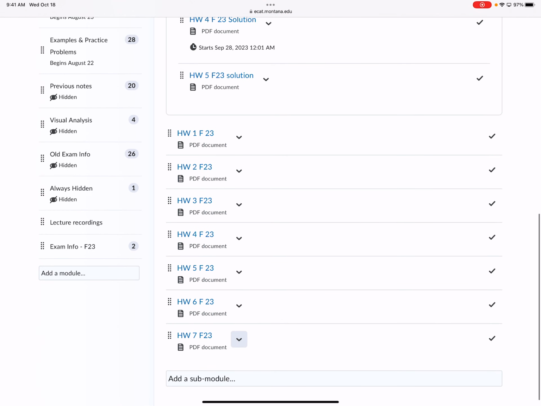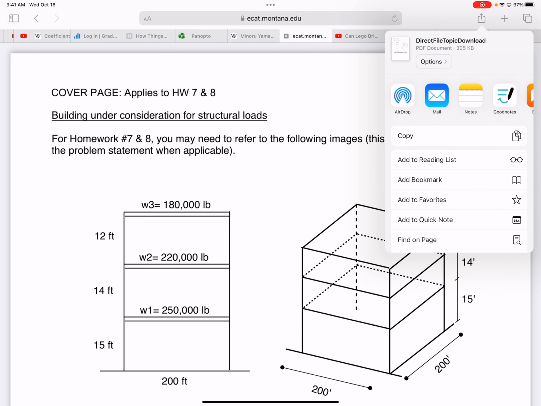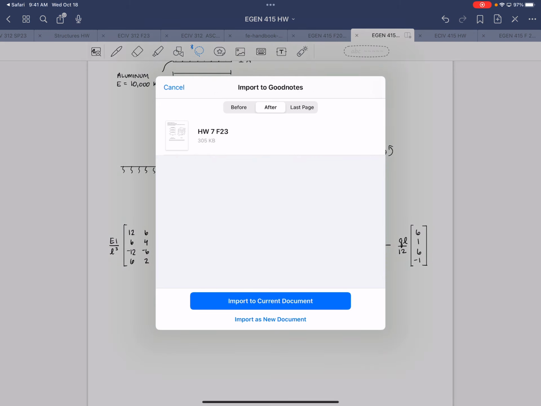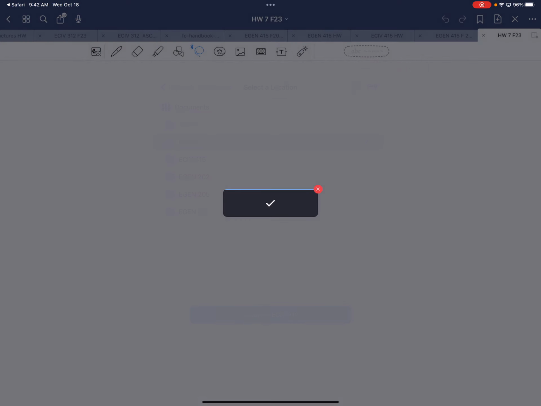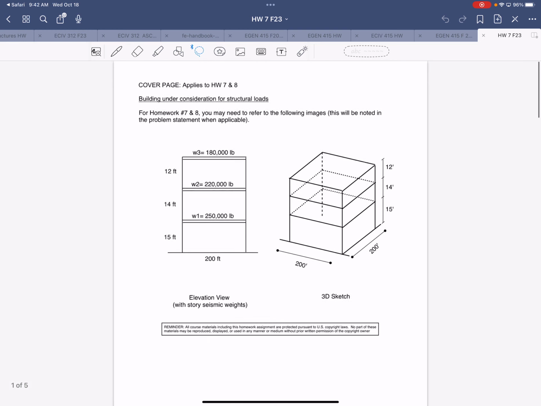Here we go. There. All right, got the homework showing up here.